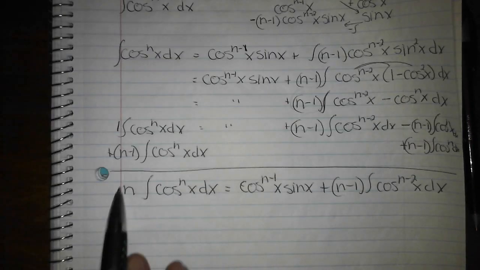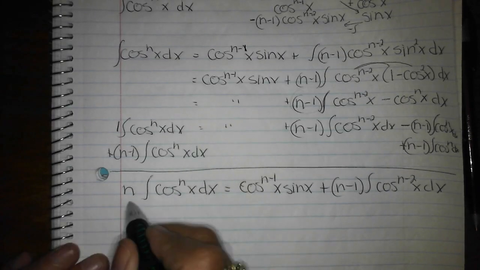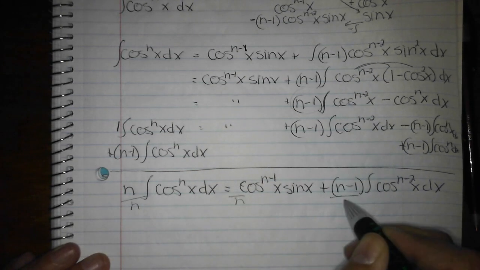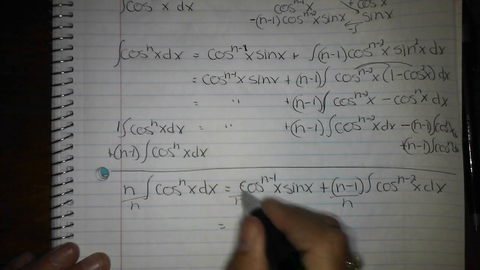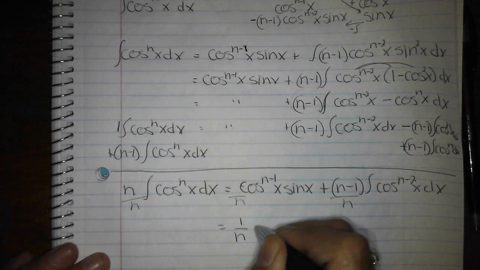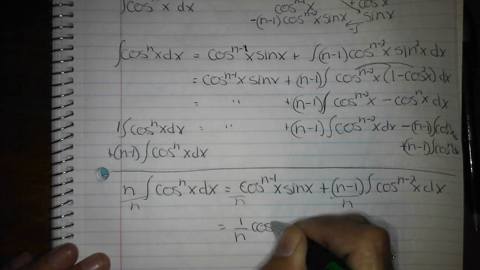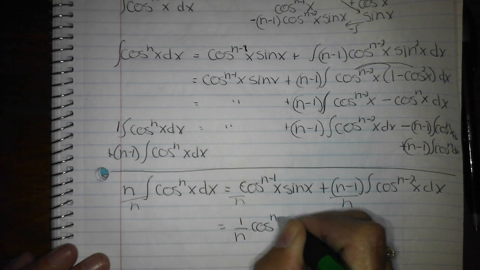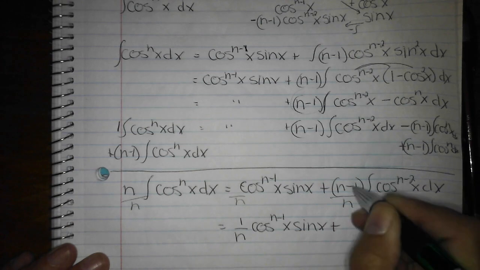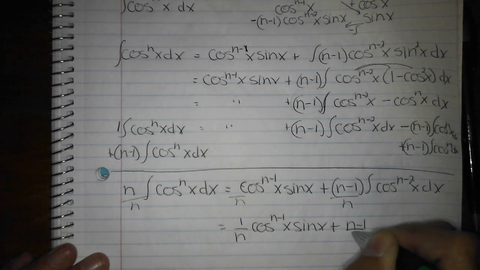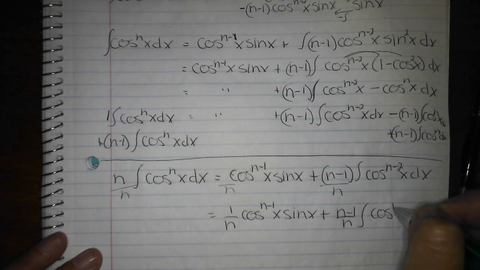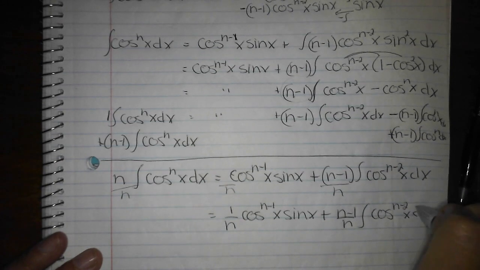So I'm going to divide by n. So divide by n, divide by n, divide by n, and I'm going to be done. So I'll have 1/n here, 1 over n, cosine n minus 1 x, sine x, plus n minus 1 over n, integral of cosine to the n minus 2 x dx.